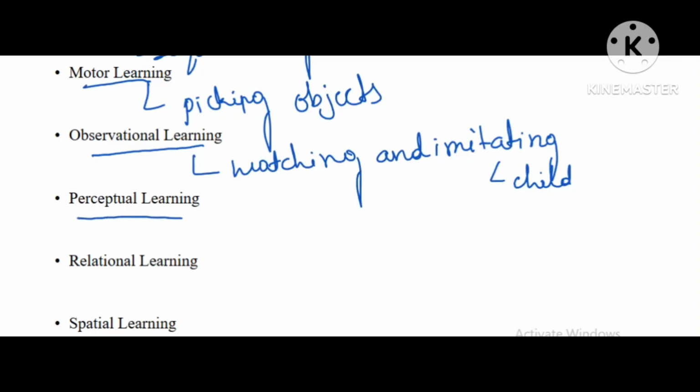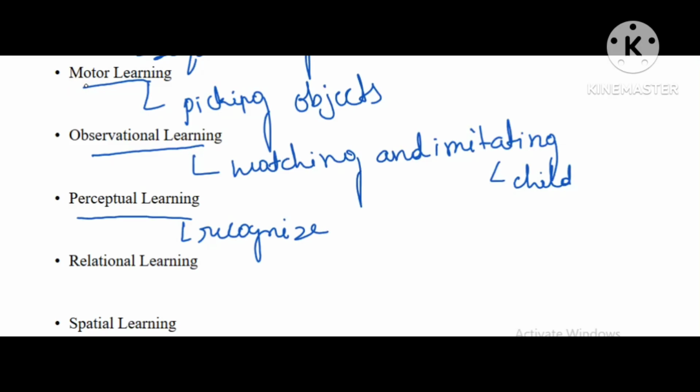So next we have perceptual learning. Perceptual learning is nothing but recognizing a stimulus that one has seen before.